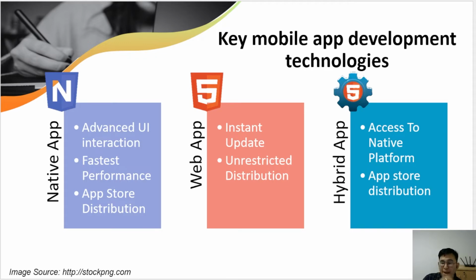Mobile app development is divided into three key types, the first being the native app, which was introduced with advanced user interface interaction and fast performance.